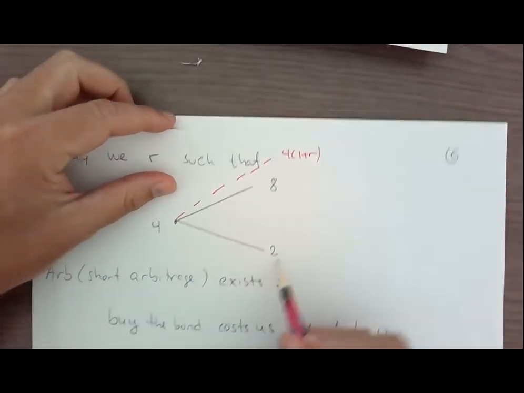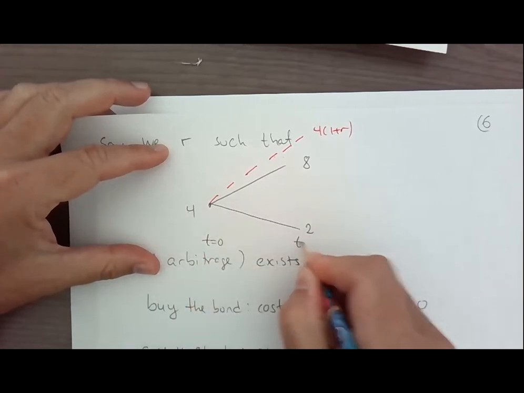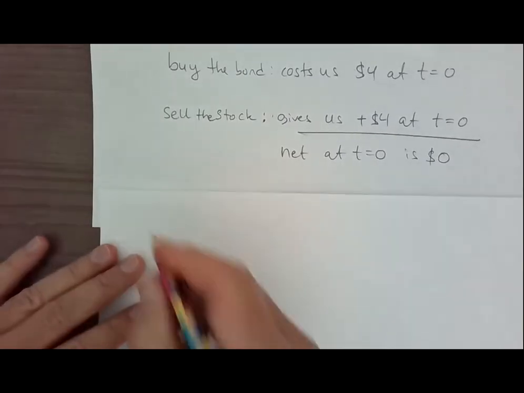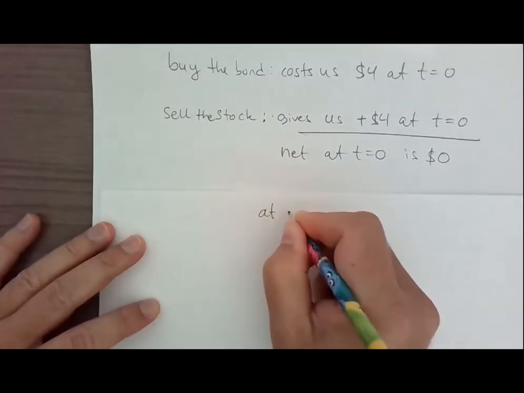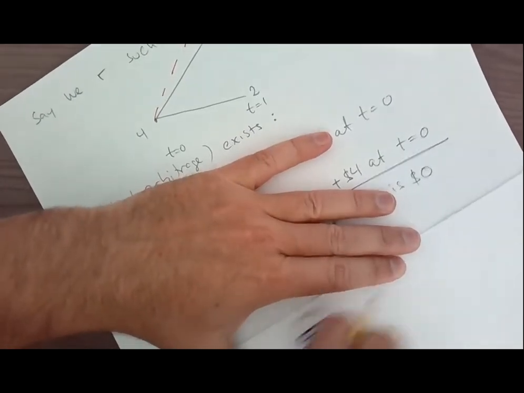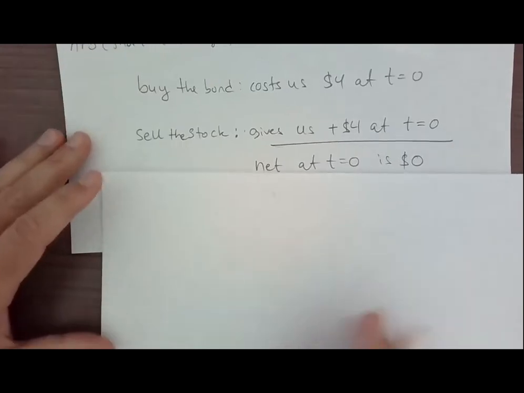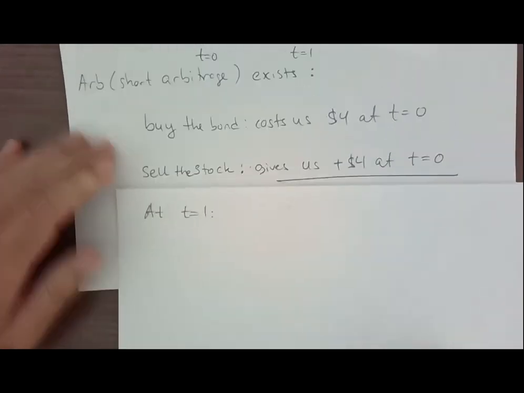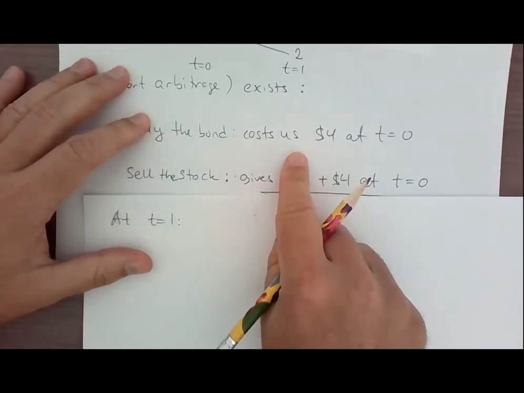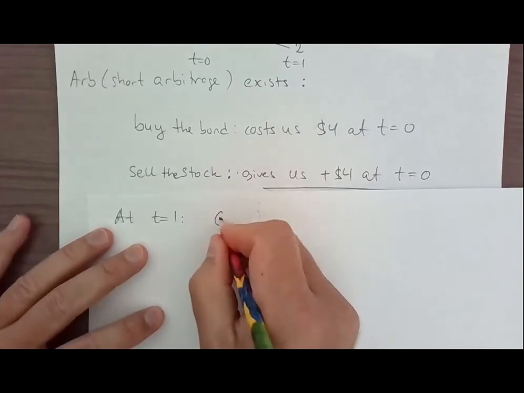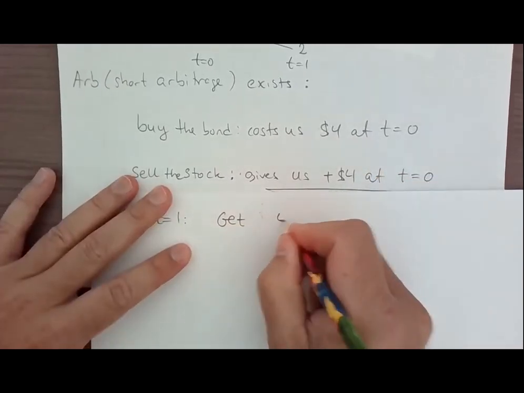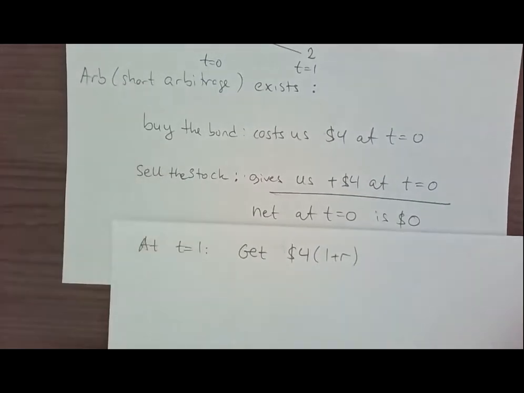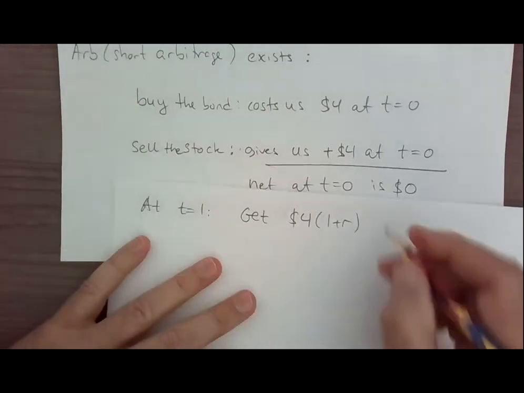Now, what about at time 1? So this here was at time 0. What happens at time 1? Well, we bought the bond. So we're going to get $4 times 1 plus R from the bond.